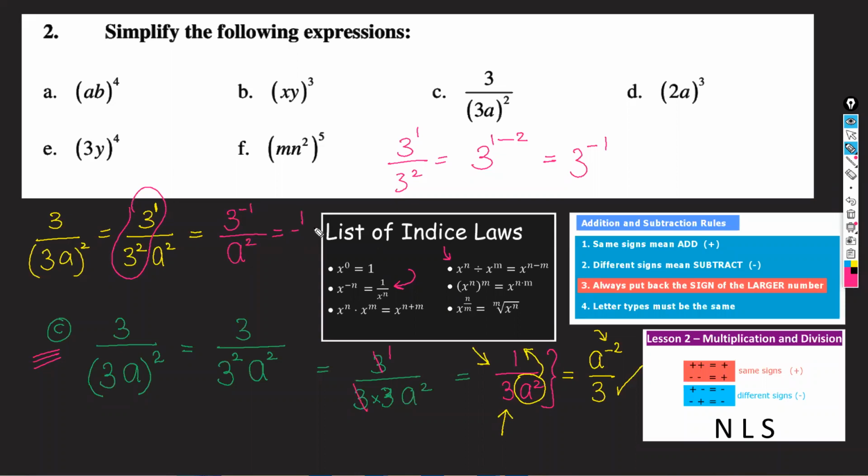If you don't like that, you could throw it back underneath. And remember, if I don't put the 1 here, it is understood as positive 1, because when you throw it back underneath, the power becomes the opposite. The negative 1 will change to positive 1. And of course, you don't have to put the 1 if you don't want to. Either way, you get the same answer.